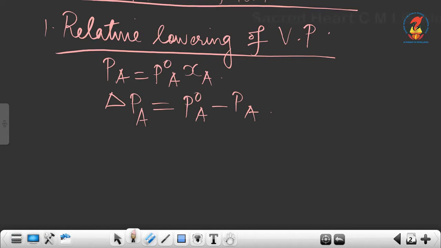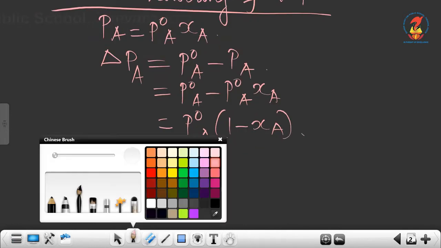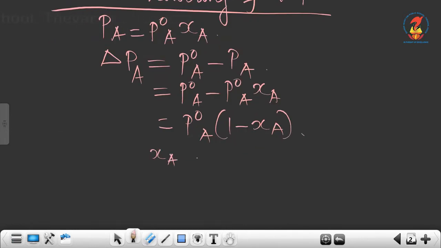Now, I am going to substitute for PA, P naught A into XA. So, this is equal to P naught A minus P naught A into XA, or equal to P naught A into 1 minus XA. Now, we know that for binary solutions, XA plus XB is equal to 1. Therefore, XB will be equal to 1 minus XA. So, I am going to substitute XB instead of 1 minus XA.